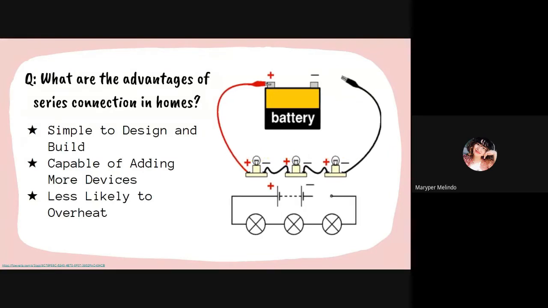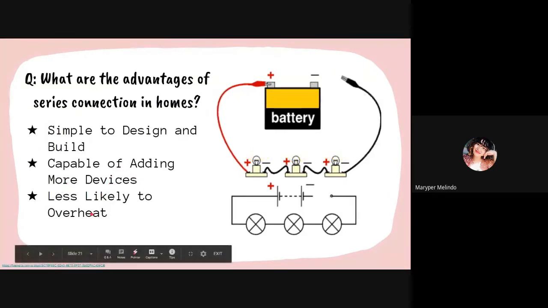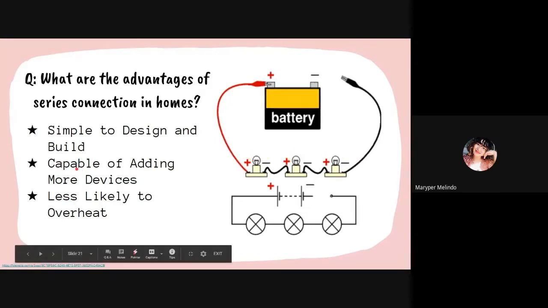Ito pa yung pinakamaganda sa kanya. Pwede kang magdagdag ng mga devices. And last, ito pa yung pinakakakaiba. Pwede kang magdagdag ng devices, but simple circuit or series connection rather is less likely to overheat. Imagine mo, nagdadagdag ka ng devices pero hindi naman siya basta-basta mag-overheat. Why? So mamaya malalaman natin.